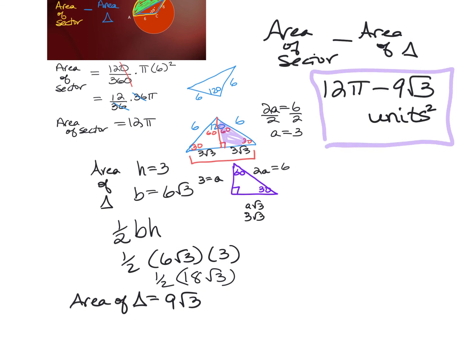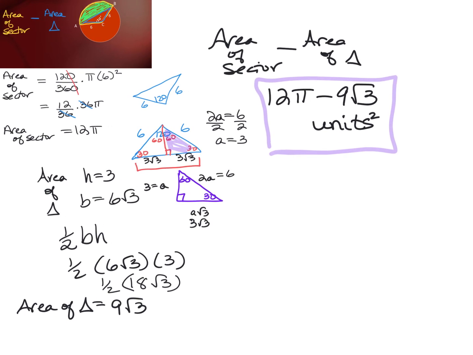Now I'm also going to go ahead and use my calculator, because if it says to round to the hundredths place, then you would do 12 times pi and you would get 37.691184. And then 9 times the square root of 3, so this is 12 pi, just to show you what I'm filling in here, 9 square root 3.